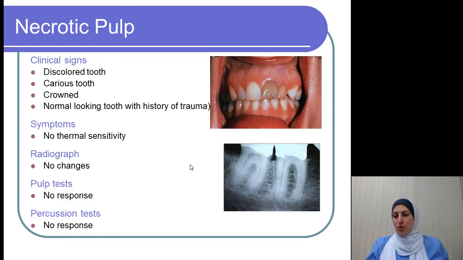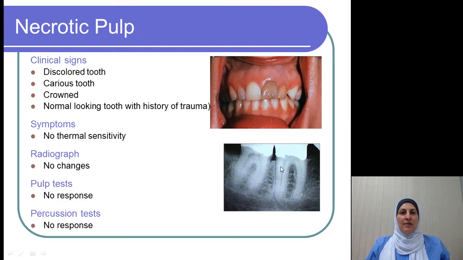You took a radiograph, there are no periapical changes, so definitely there is no periapical pathology. The pulp is definitely not vital. When you do pulp testing or endo ice, for example, there is absolutely no response. So in this case, it is safe and correct to say necrotic pulp.